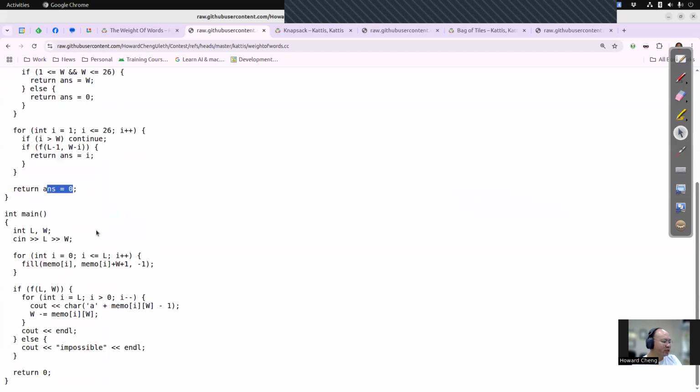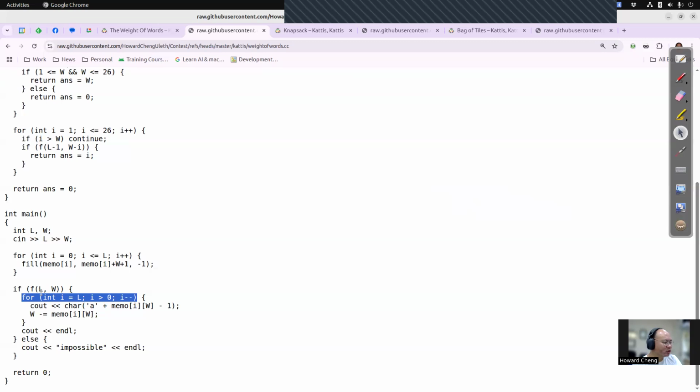And so that's basically it. I call f of L, W, my original input size. And if it comes back as 0, I just say impossible. Otherwise, I go through, I don't know why I go through this in reverse order. It doesn't really matter whether you go forward or backward because the sum of the letter weights is the same.